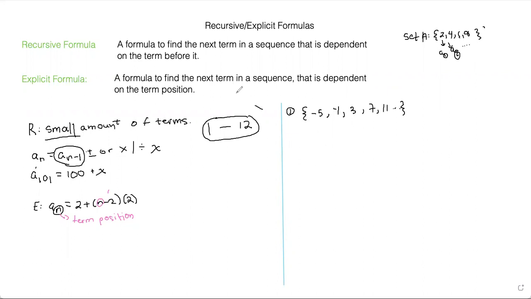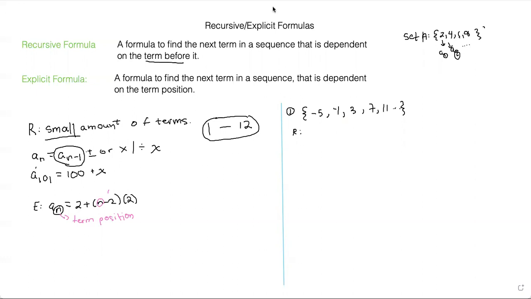So we know that a recursive formula is dependent on the term before it. So a recursive formula would mean, okay, I know that I have to add 4 to get to the next term. So let's just write that down.